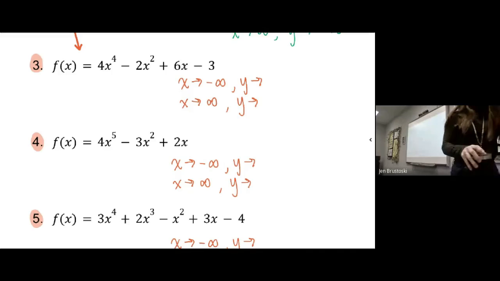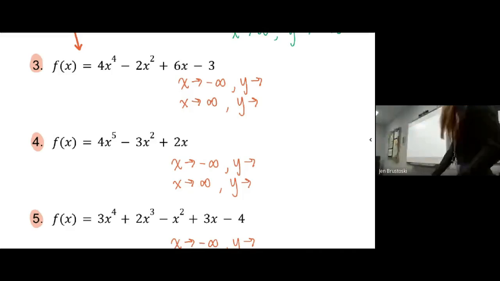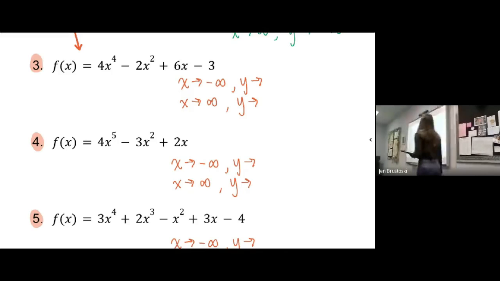Okay, let's go over these problems. We've got f of x equals 4x to the fourth minus 2x squared plus 6x minus 3. You should have said it was even and positive. So someone raise your hand. As x is approaching negative infinity, what is y approaching?